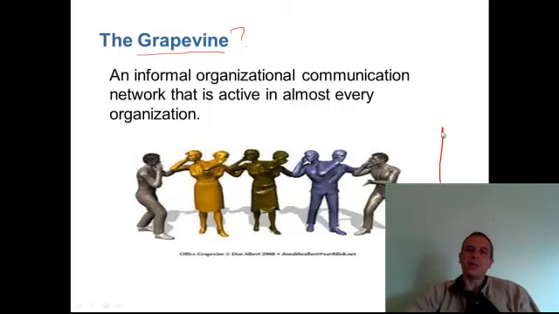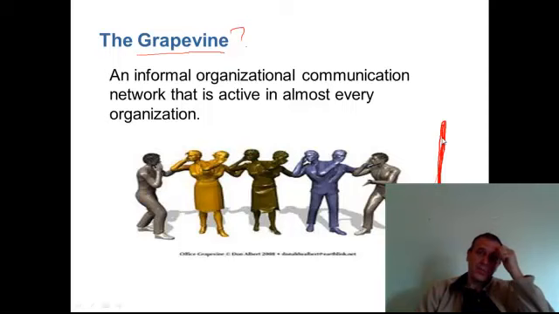The thermometer on the organization. What's the temperature of things? If the temperature is really hot, people are really concerned, all of a sudden they start talking. So the grapevine is a little bit of a barometer or a thermometer on how things are. It kind of lets you know how insecure or concerned people are feeling. And so managers can get on that.